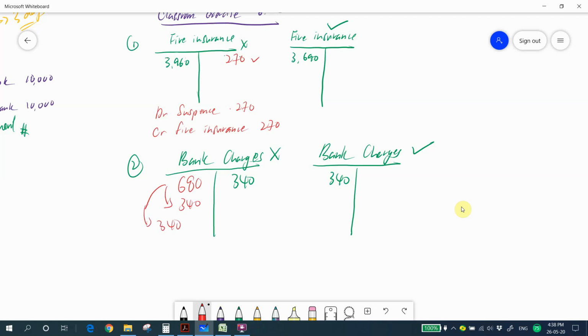The first 340 is used to net off the wrong entry. The second 340 is the rectified entry to make sure that your bank charges will become a debit balance of 340. So double entry, we debit the bank charges account 680 and we credit the suspense account.